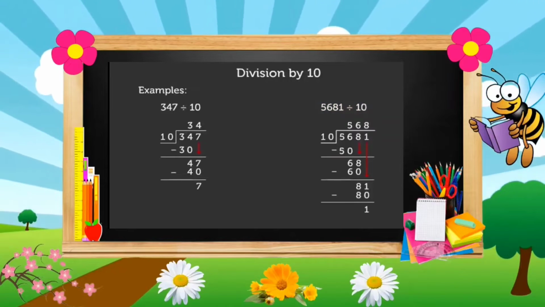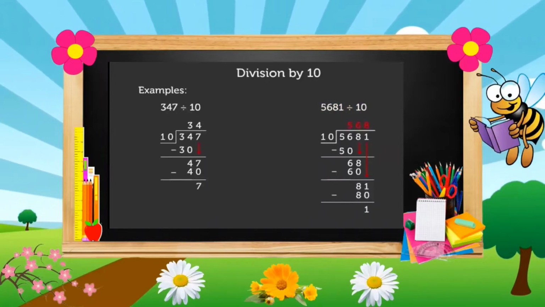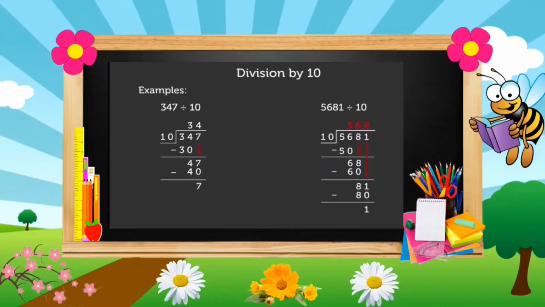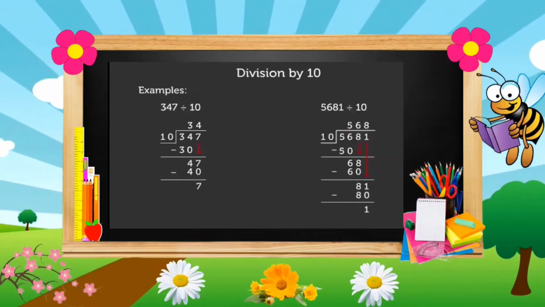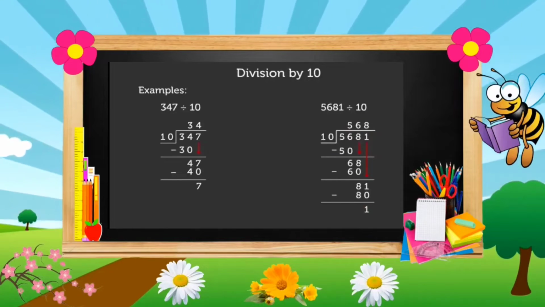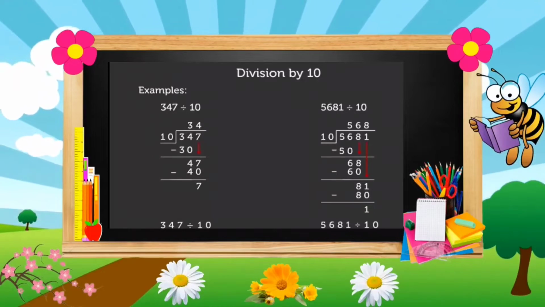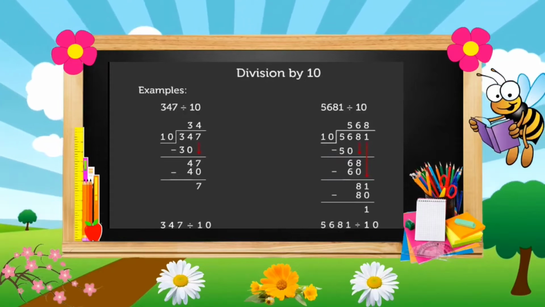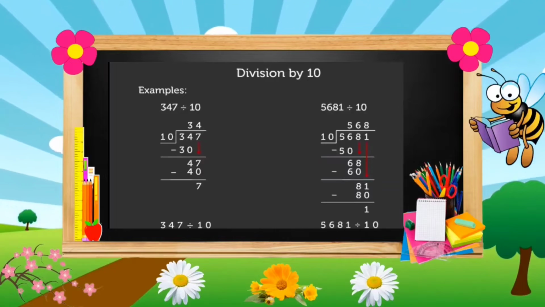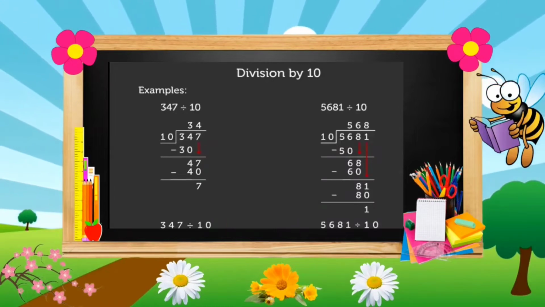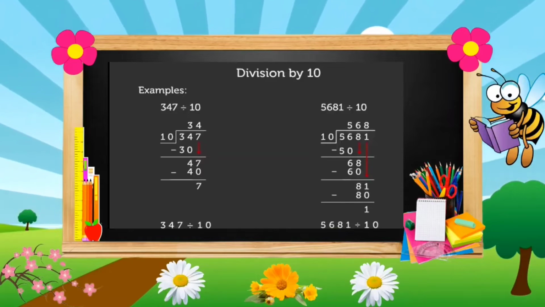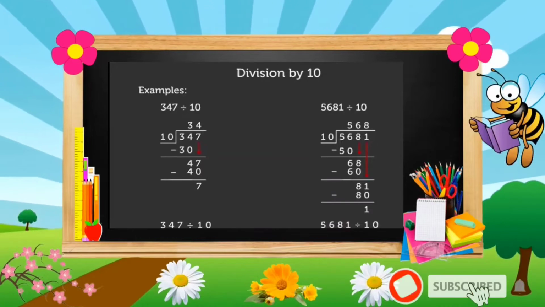Here we got the quotient as 568 and remainder as 1. Did you notice that when we divided both numbers by 10, the digit in their ones place formed the remainder and the remaining digits formed the quotient?